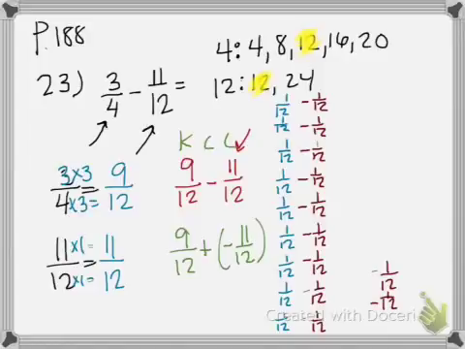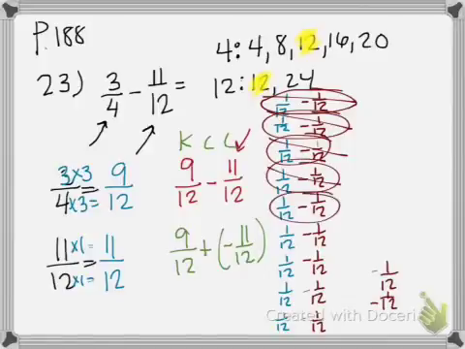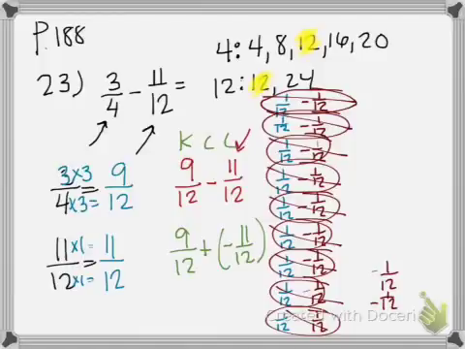There we go. Now, you guys know that a positive and a negative are going to cancel out since they're the same. So these are all going to cancel out and create what we've been calling 0 pairs. And I'm left with how many negative 1/12? 2. Okay, so my answer is negative 2/12.